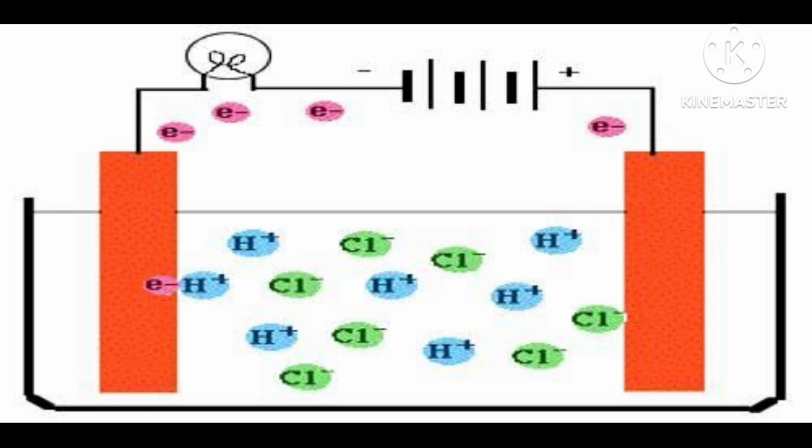Electrical resistance R is directly proportional to L and inversely proportional to A. What is A here? A is the cross section.